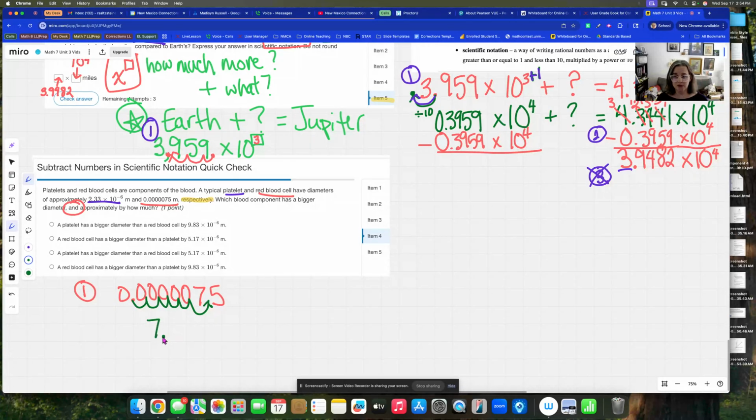Remember, we're supposed to have one number to the left of the decimal, and it can't be a 0. It has to be greater than or equal to 1, but less than 10. Because I moved to the right, I'm talking about an itty-bitty number here. When we move to the right, we need a negative exponent. So this is what I have here. And hey, look, I have a match. I love when the exponents already match. It gives me one less thing I have to do.